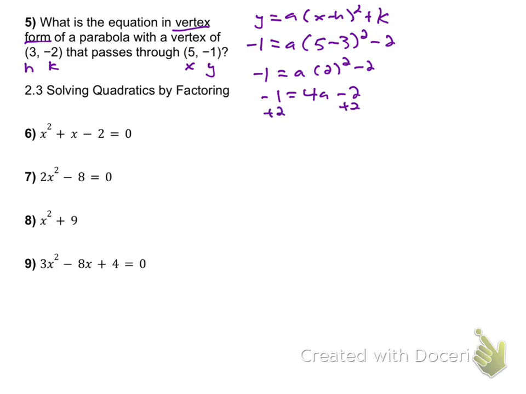Add 2. 1 equals 4a. Divide by 4. a equals 1/4. So the vertex form would be y equals 1/4 times x minus 3 squared minus 2.